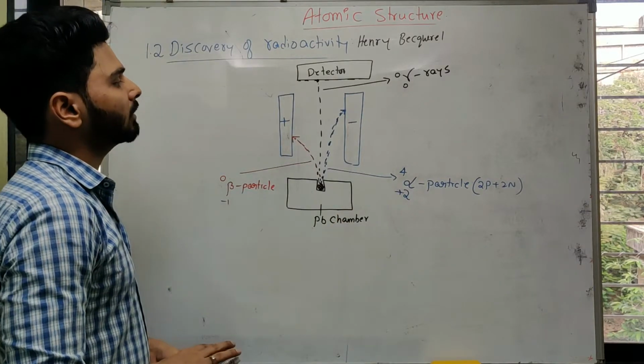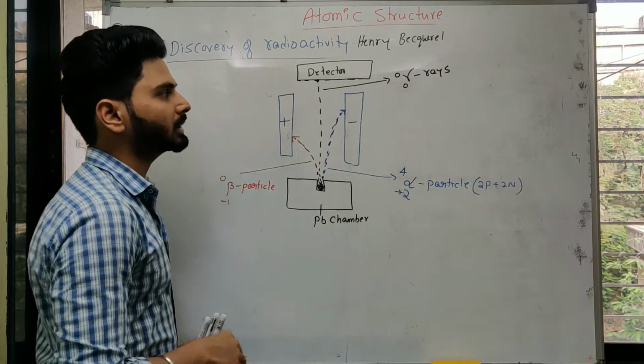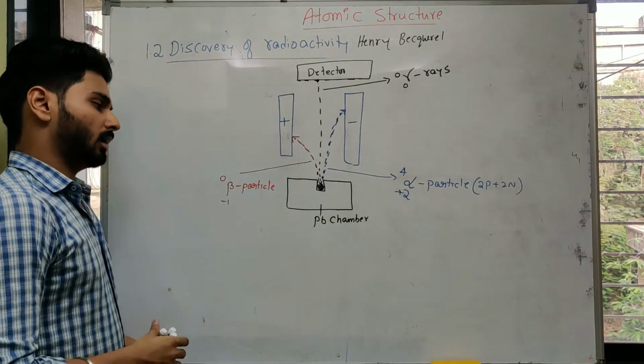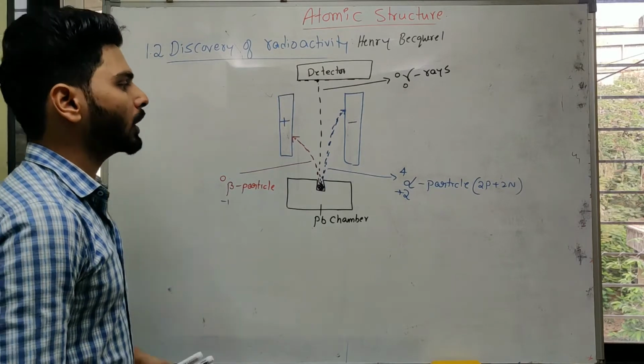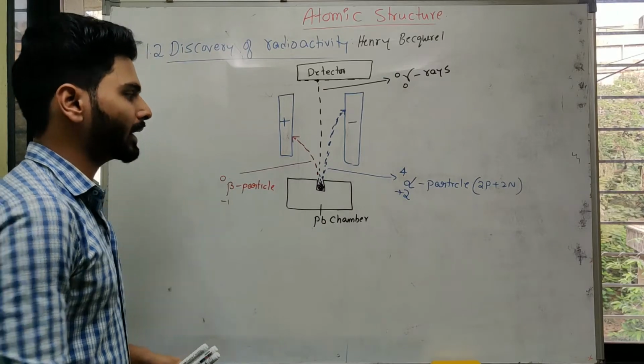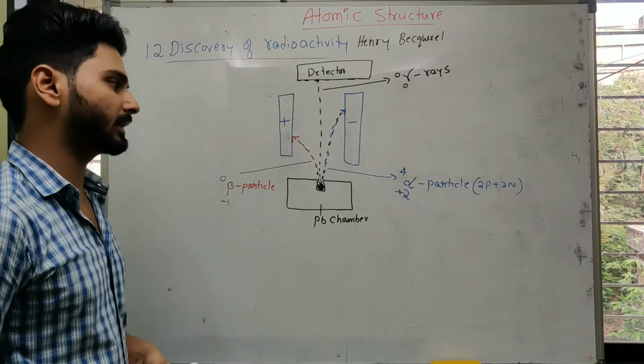So this is how he understood 3 different radiations coming out of different radioactive elements. What we have to know is that there are 3 different radiations, charged in different ways like this.